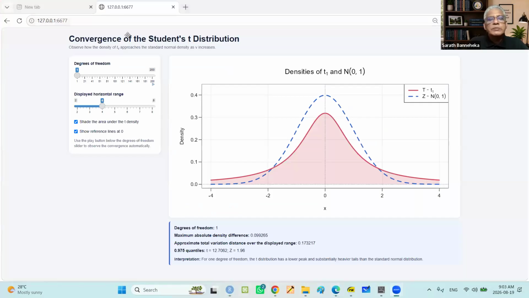So here I have a central T distribution that is shown with this red graph, and the area under the t distribution. I am showing you the standard normal distribution with this dashed curve. The red curve is the t distribution.